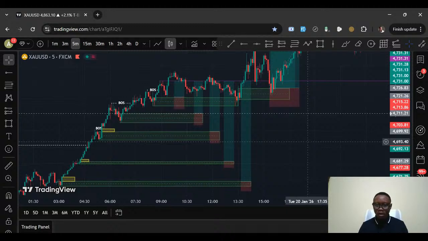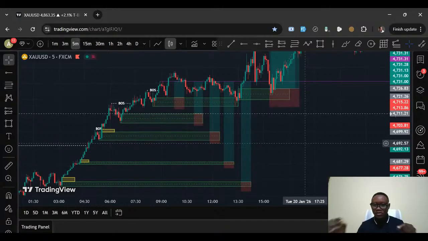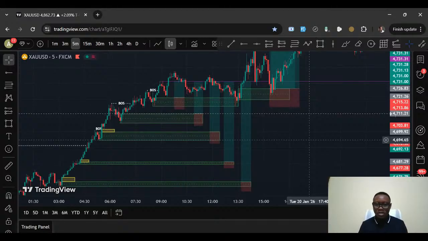What you need is to understand the core concepts behind identifying your key order block zones, so that when new structures are printed on the charts, you can identify your zones, wait for price to tap them, and take your entries, be it using the risk entry model or the confirmation entry model. I've explained many times when to use the risk entry and when to use the confirmation entry.